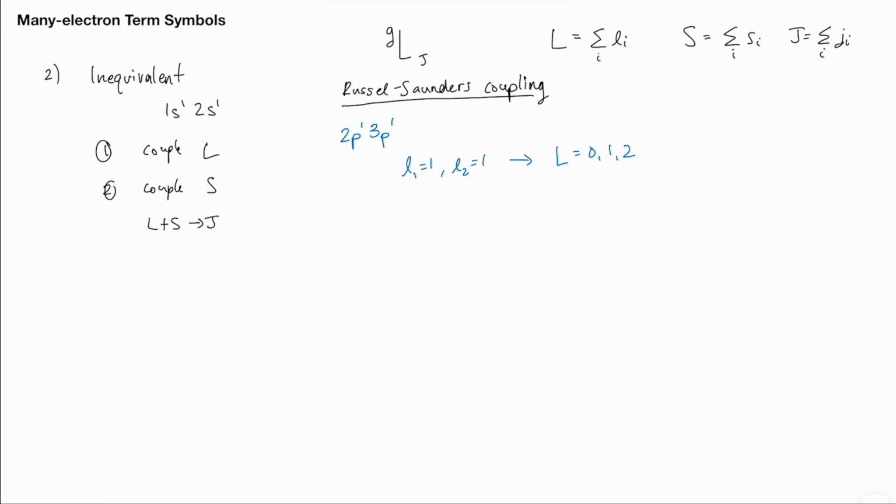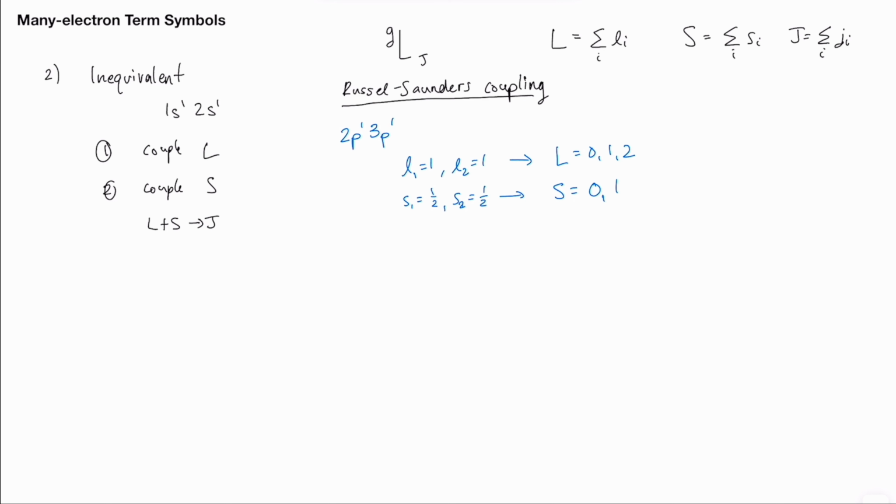Okay, and then we still have 2 spins to couple, both of them are 1/2, and so we have the same allowed values of the spin that we had in the previous example. And this will give us S equals 0 or 1.